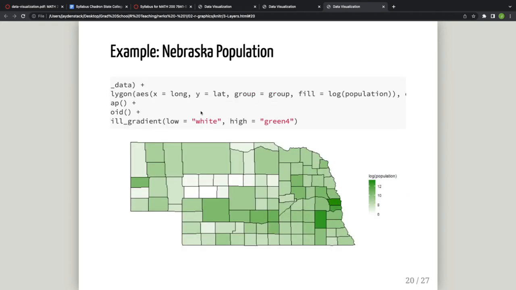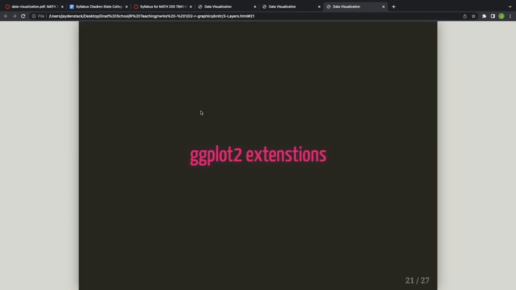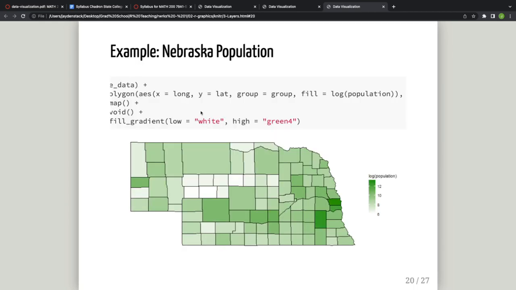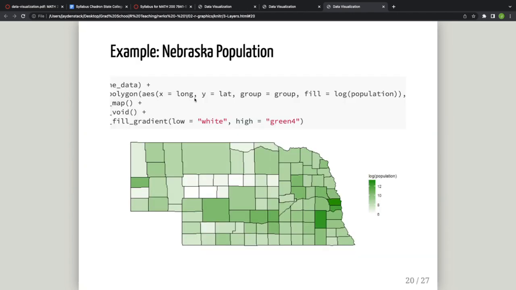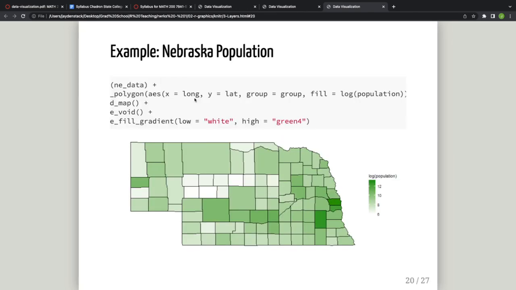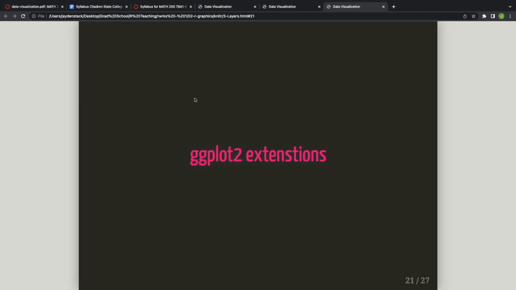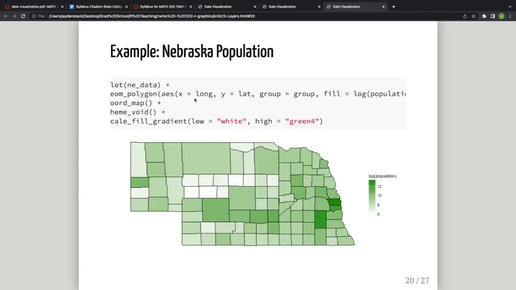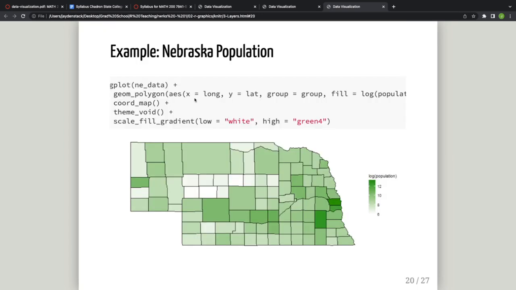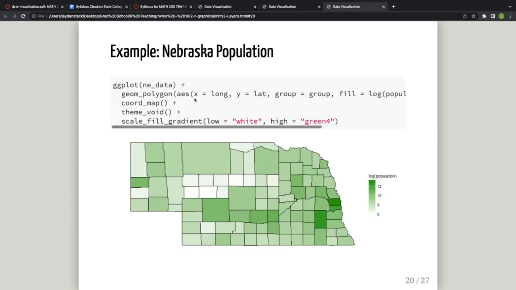Right? So let's take a look here at this code, where it's actually going to show us. Perfect. Okay. So this geom polygon is actually going to help us create an actual map of Nebraska, which is really, really cool.